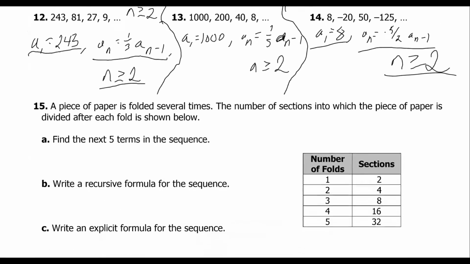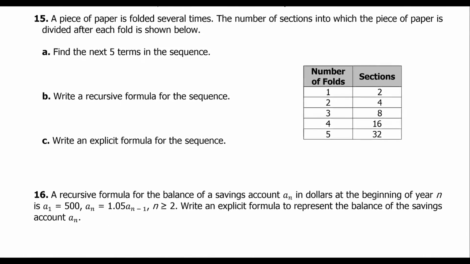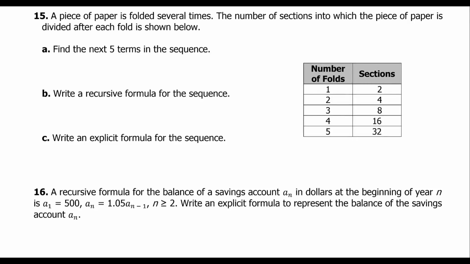Alright, now, a piece of paper is folded several times. The number of sections into which the piece of paper is divided after each fold is shown below. It says to find the next 5 terms in the sequence.